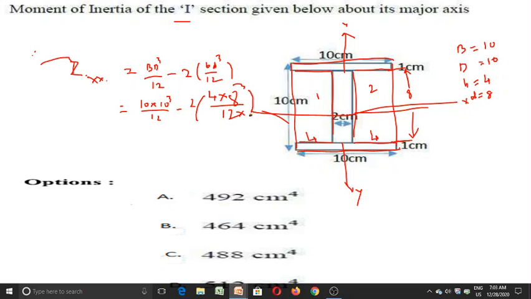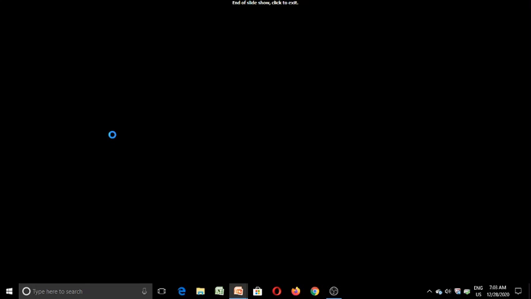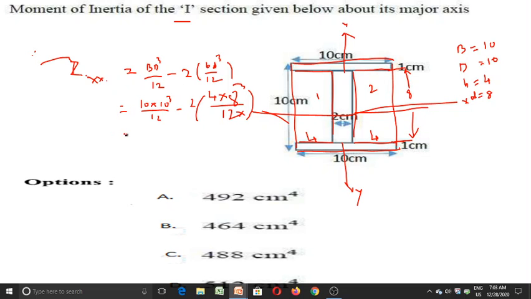If you simplify this, we will get 10 power 4 by 12 minus 2 into 4 into 8 cube, so it will become 8 power 4 by 12.